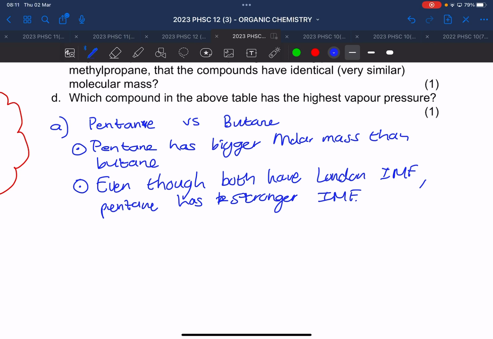Why does it have stronger forces, pentane? Because it has a bigger molar mass, because it is longer. The longer it is, the stronger the forces.